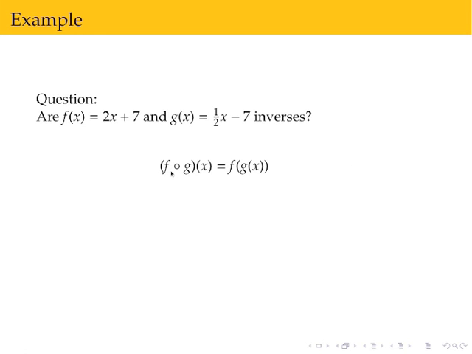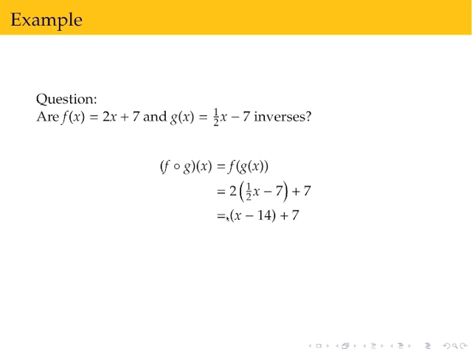So we're going to start with f compose g of x. Remember, that is f of g of x. So what I've done is used g of x as the input for f of x here. Now I can just use algebra to simplify and distribute that 2.